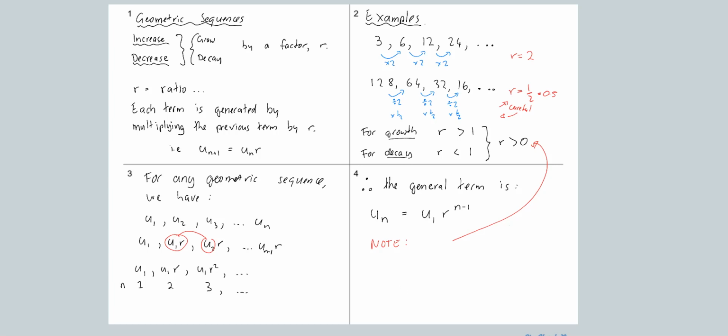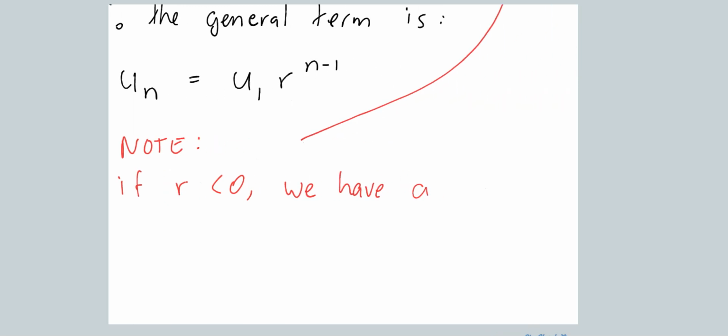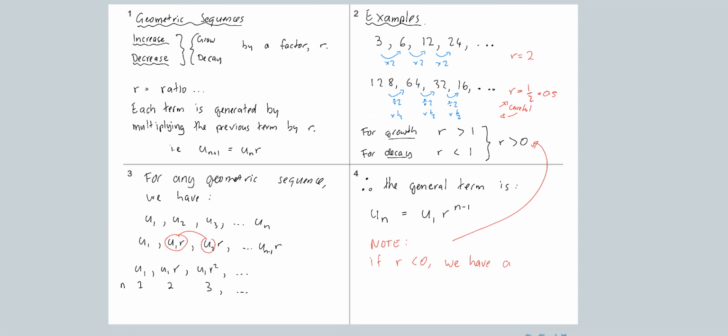So I just wanted to add to that to note that if R is less than 0, we have an alternating sequence.